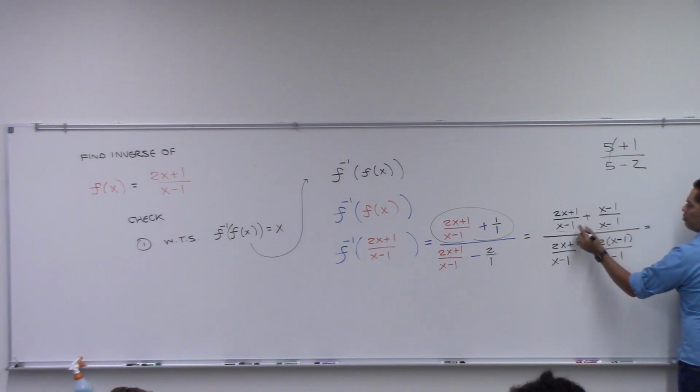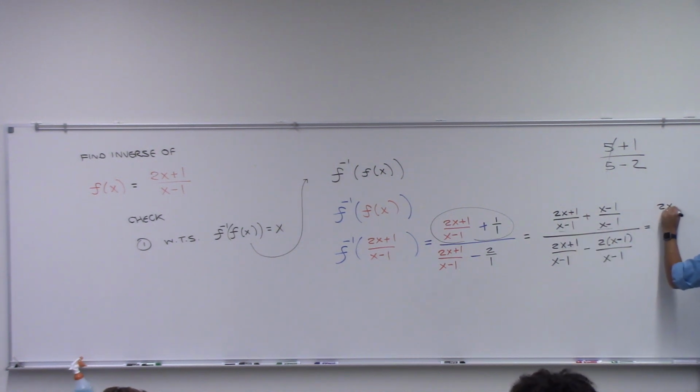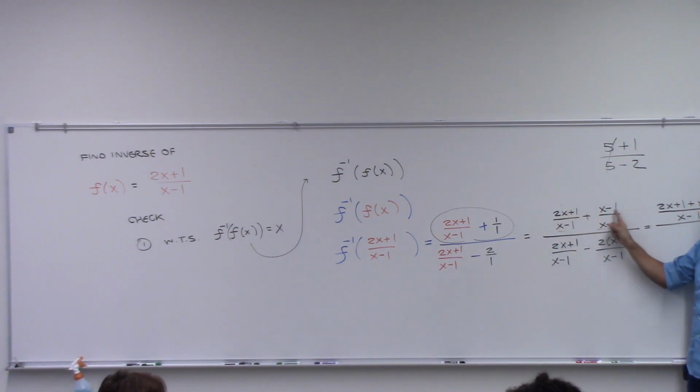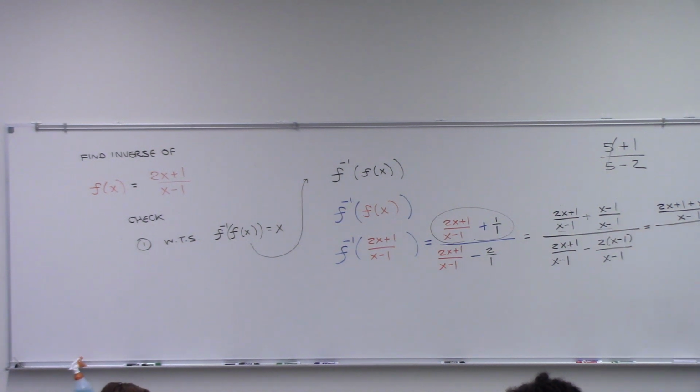So we just add up the numerators. 2x plus 1 plus x minus 1 over x minus 1, all over the common denominator. And then the bottom one, be careful here, 2x plus 1.